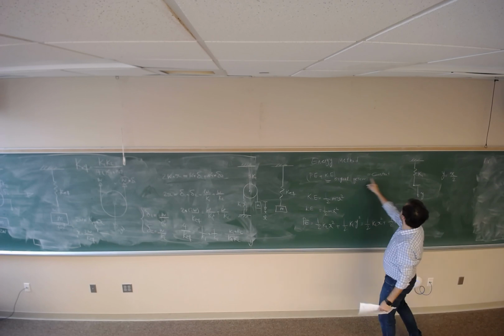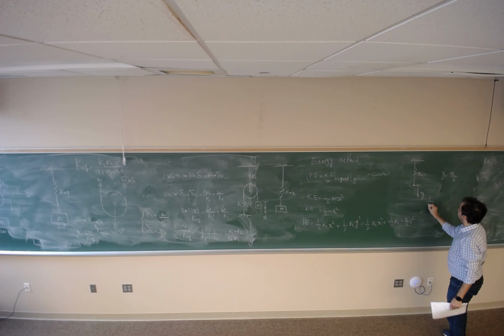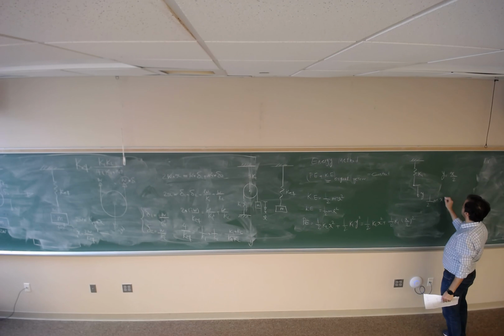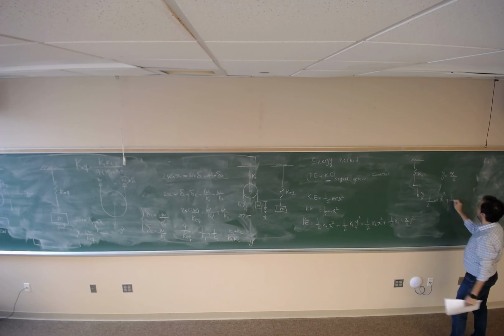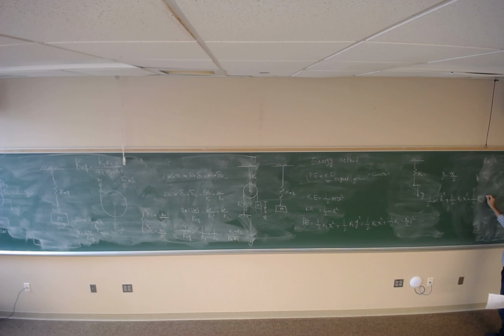Now replace this here. It's going to be half of m x dot squared plus half of k2 x squared plus half of k1 (x over 2) squared. It's constant. Now I'm going to differentiate both sides with respect to time.